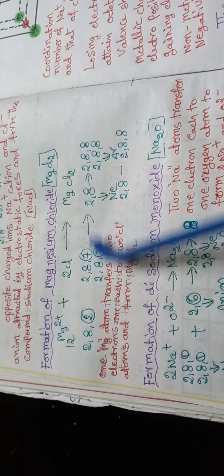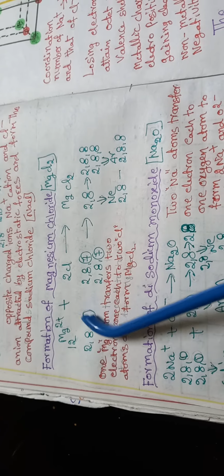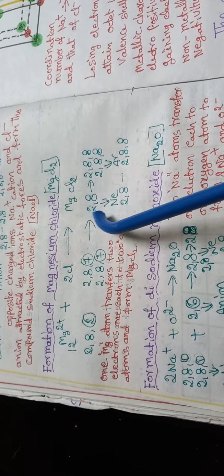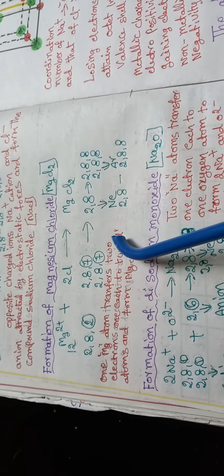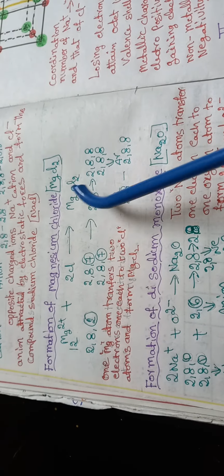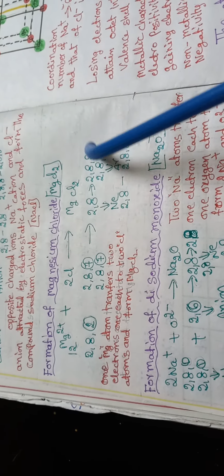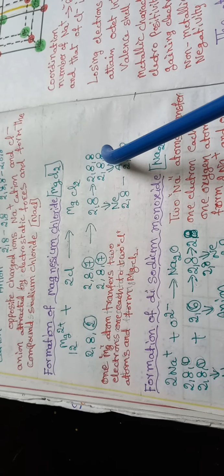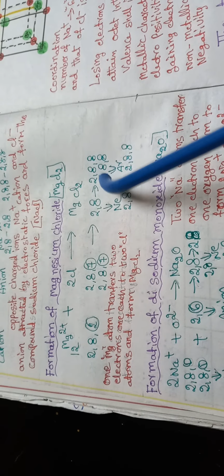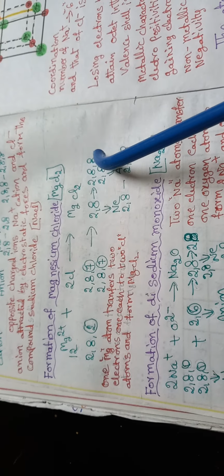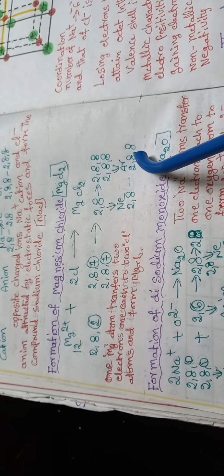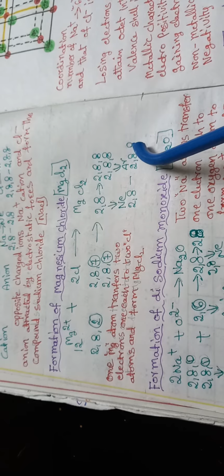When magnesium loses these two extra electrons, it forms the octet position 2,8 as neon. When two chlorine atoms receive the 1 extra electron each, they get the octet position 2,8,8 as argon.